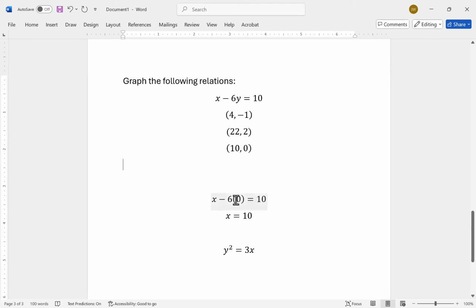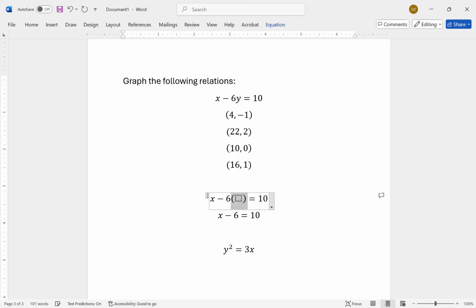I could do that for any value of y that I wanted. If I plugged in a positive 1, what would happen is I'd get x minus 6 is equal to 10. That means x would have to be 16. So the point (16, 1) would have also been an ordered pair that worked.